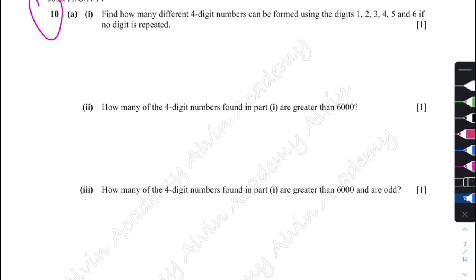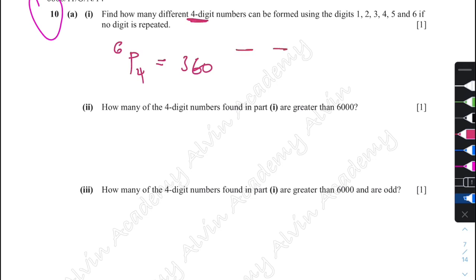Now, the next one says: how many different 4-digit numbers can be formed using 1, 2, 3, 4, 5, 6? We've solved a question like this. You can just say 6 permutation 4 and go your way, which gives you 360.